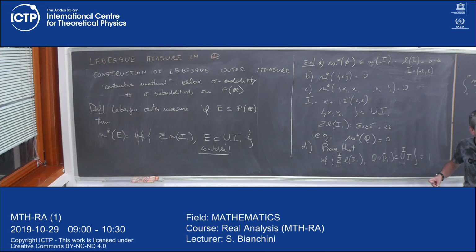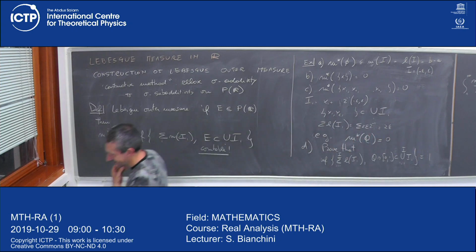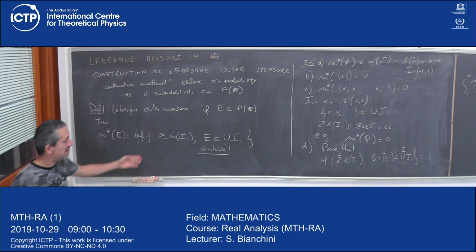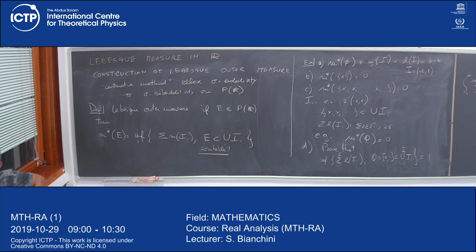Rationals are dense in this interval, so every covering must contain every real number. When the covering is finite, then if a union of finite intervals contains the rationals in 0, 1, then it contains the interval itself. So always when we take a covering, the union contains the interval 0, 1.